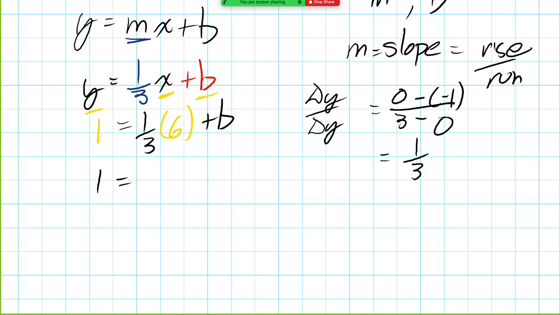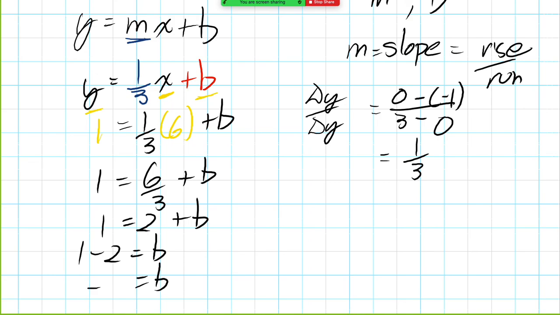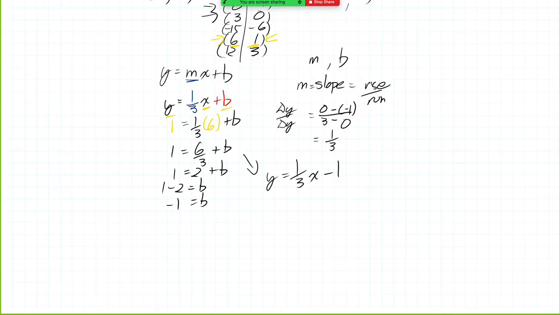So 1 is equal to 6 over 3 plus b, so 1 is equal to 2 plus b. When we bring 2 over, we get 1 minus 2 equals b. B is equal to -1, which gives us y is equal to 1 over 3x minus 1, which is the exact equation we found using the graphing calculator.